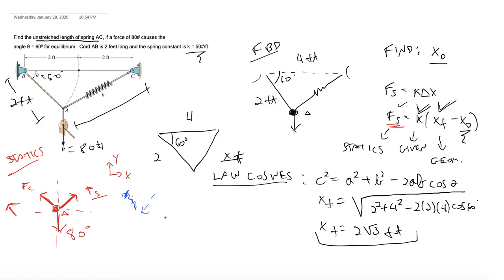That's okay, because the math would later on tell us that this Fs that we supposed to be that way would just be negative of something. It would be a negative value, which means we guessed the wrong direction. So in that case, you can actually guess. But for the cord, you have to draw it in tension, otherwise you're not going to be able to solve the problem, okay? It's just a conceptual thing that you have to know, and you get that the more problems you do and the harder you think about these, okay?